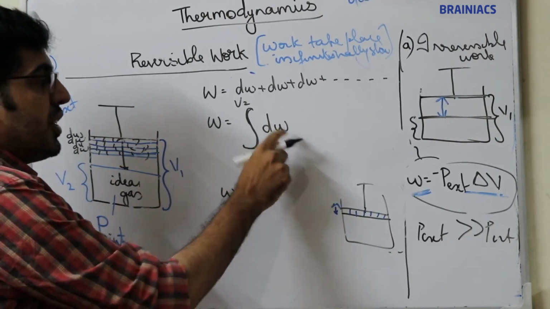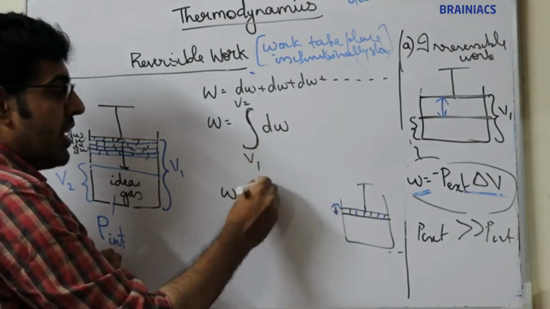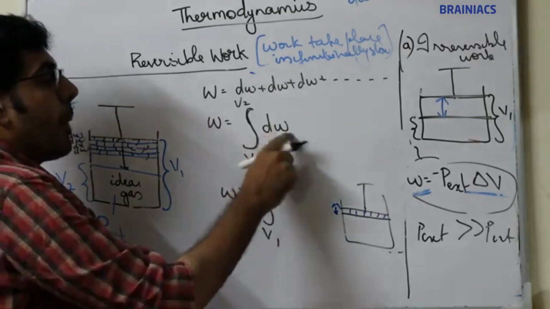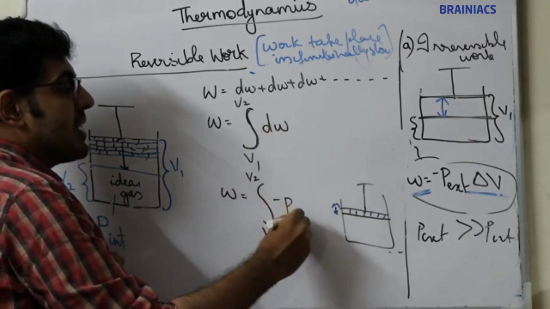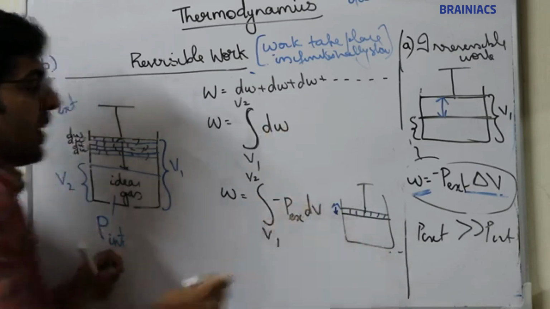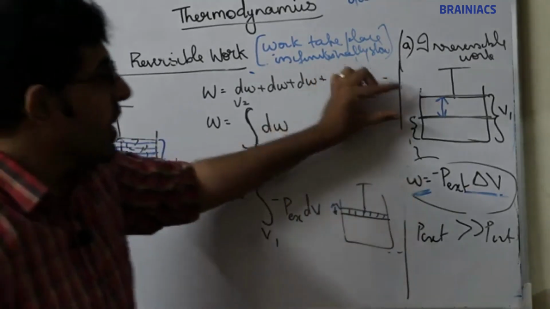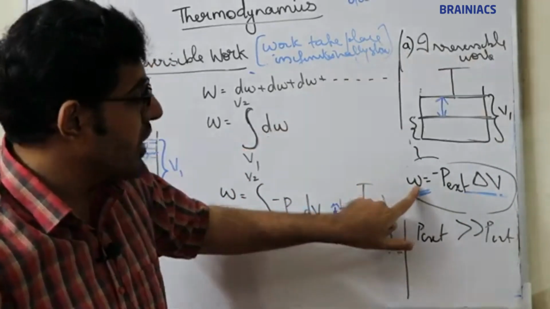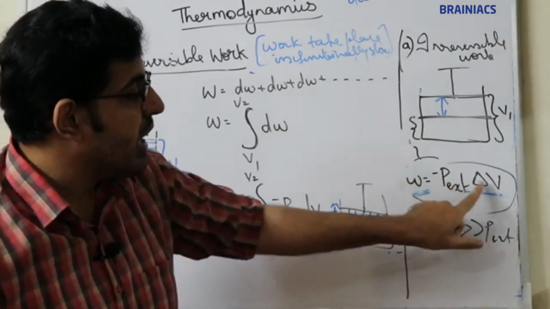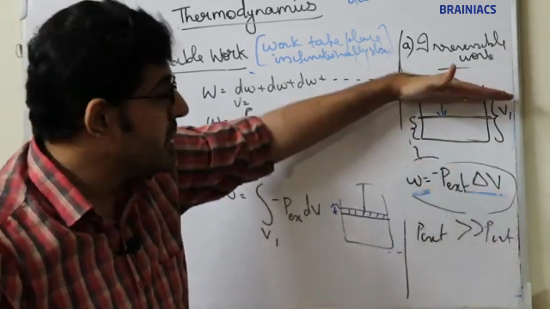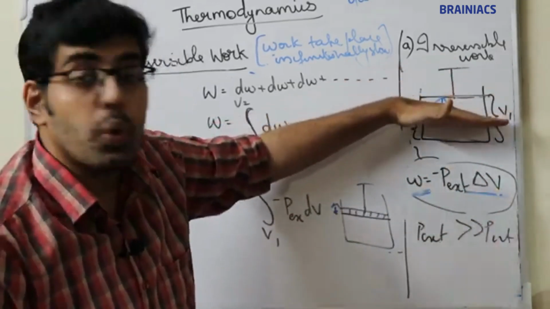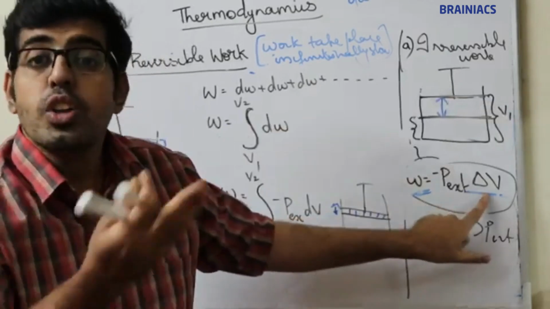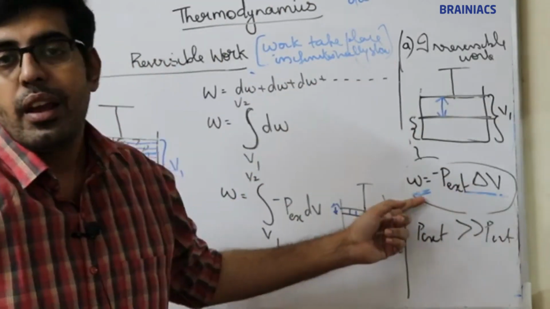So here, instead of W you can write the integration from V1 to V2 of minus P external into delta V. Once more, in irreversible work done, the equation to calculate irreversible work is minus P external into delta V. Here the piston moves from V1 to V2 rapidly in a single step, so there is a large change in volume and the work will be large.